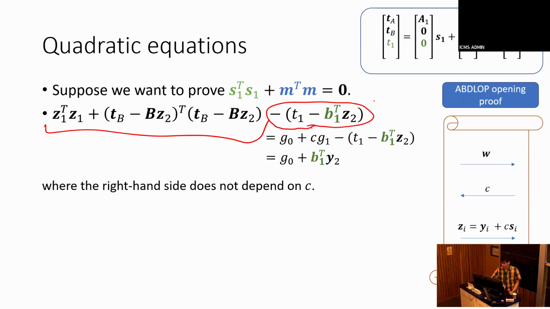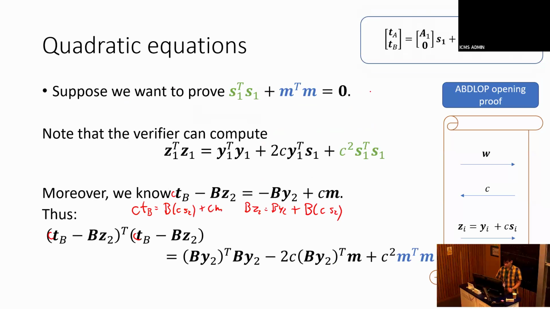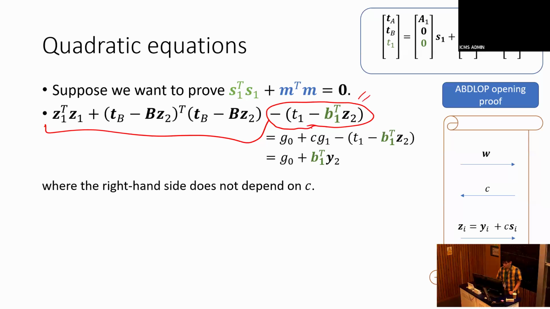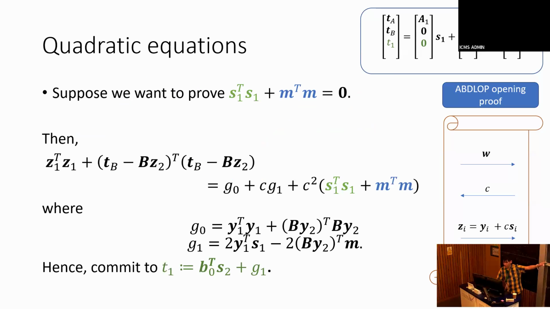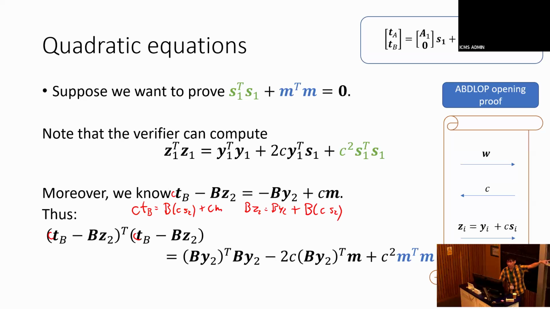And then this part, as we derived here, the same technique as before. Oh yeah, C. Everybody's missing C. This can be equal to B1 transpose Y2 plus CG1. So this equation I wrote is exactly the same as this calculation I did.